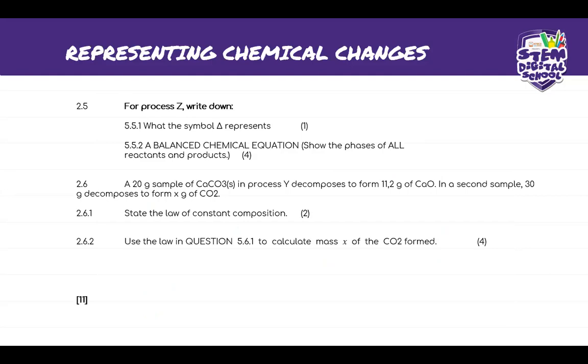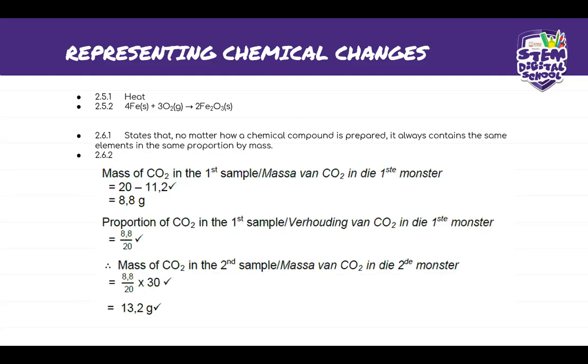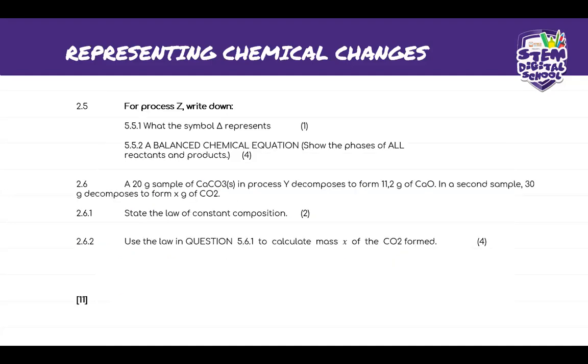So the mass of carbon dioxide in the first sample is 20 minus 11.2, because the sample of CaCO3 decomposes to form 11.2 of CaO, which means the rest is the carbon dioxide.